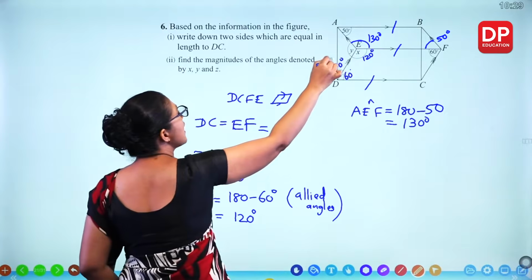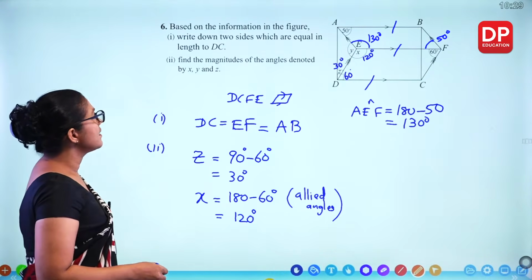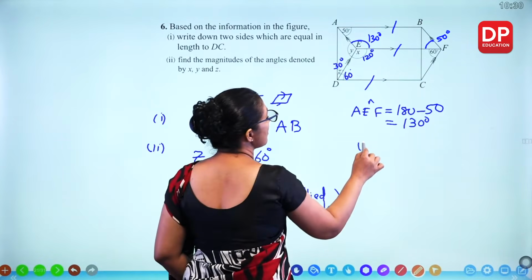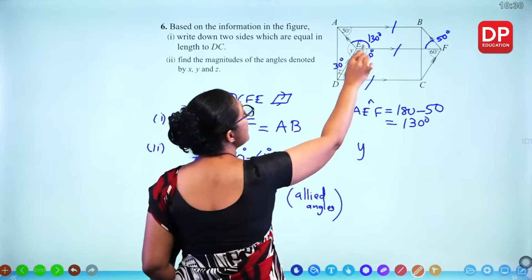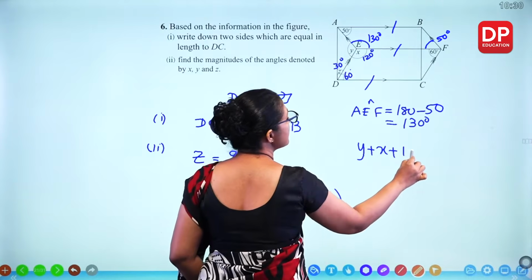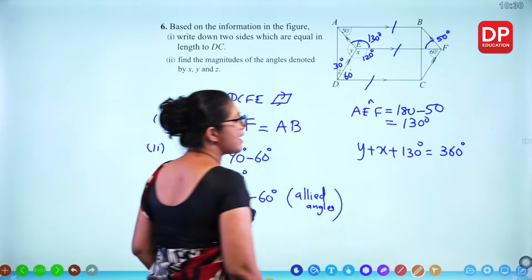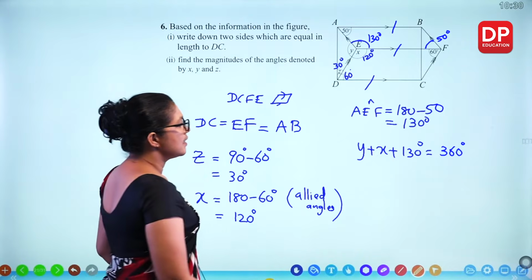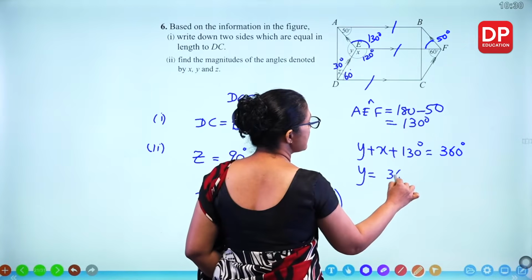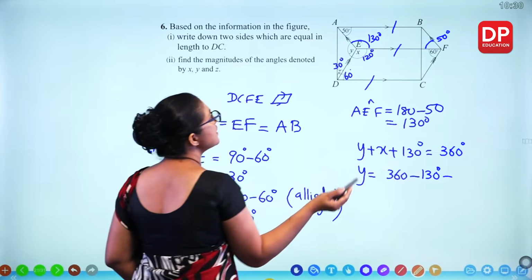Now, when you look at this point, we can find out the Y angle. Y angle plus X plus 130 is 360, angles at a point. So Y equals 360 minus 130 and also minus the X value.